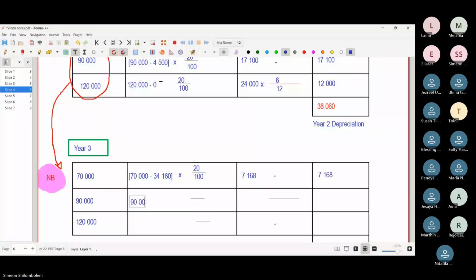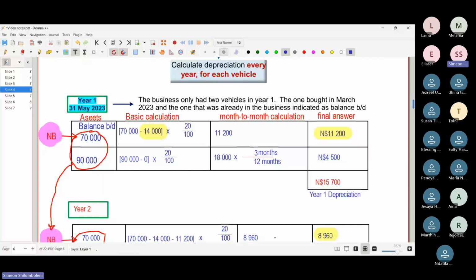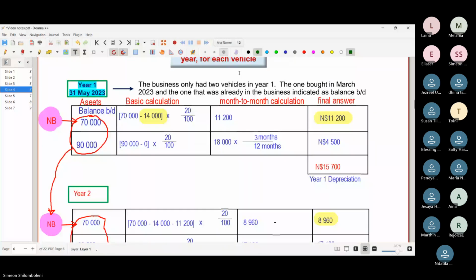Now, vehicle B, we do the same calculation. 90,000 minus depreciation for the previous years. Which one is the depreciation for the previous years? I'm going to use a different color here. In the first year, the depreciation was 4,500 for that one. In the second year, depreciation was 17,000.